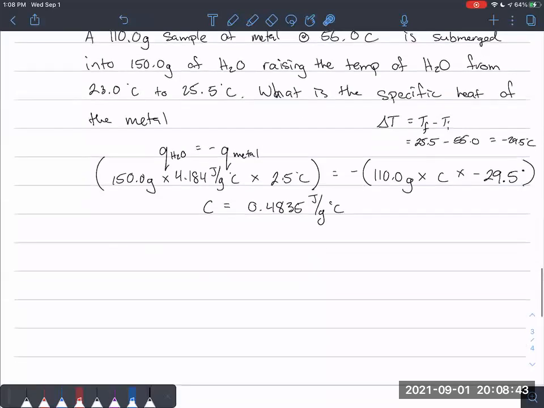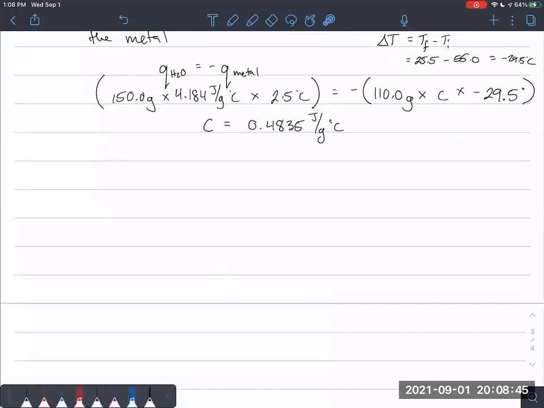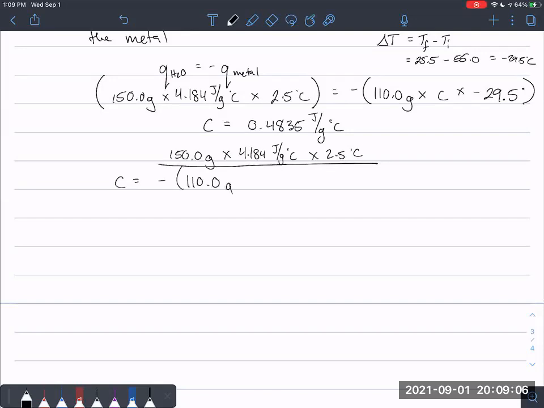So literally, what I calculated, C is going to be equal to 150.0 grams times 4.184 joules per gram degree Celsius times 2.5 degrees Celsius, all of that divided by negative 110.0 grams times negative 29.5 degrees Celsius.